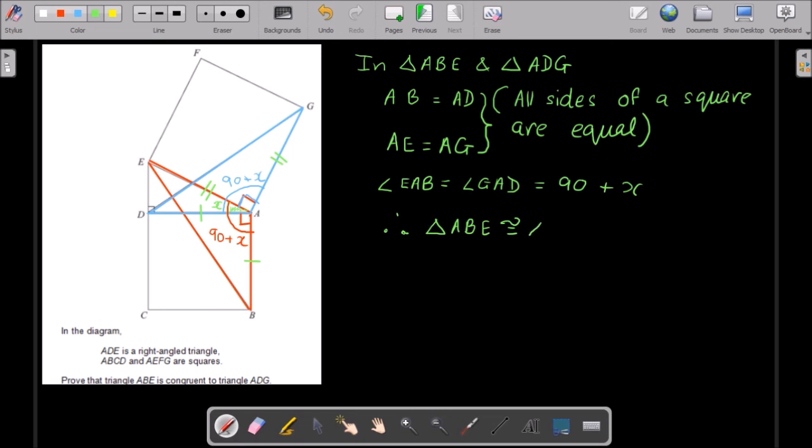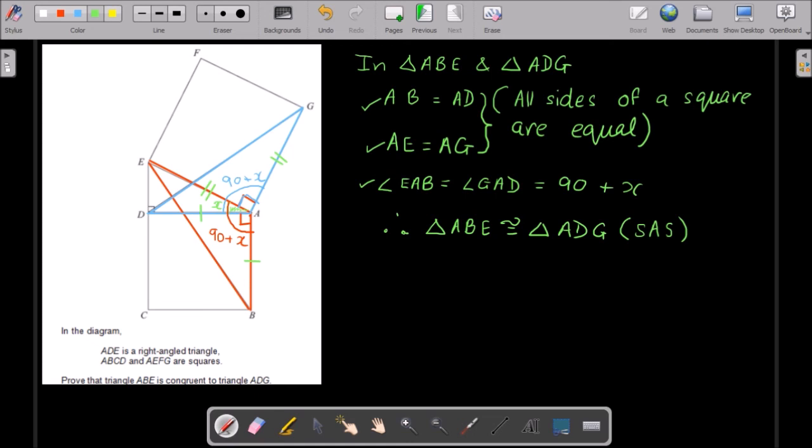Therefore, triangle ABE is congruent to triangle ADG. And what rule did we use? We used a side, another side, and an included angle. So that's an SAS rule.